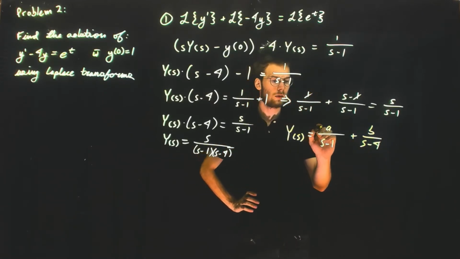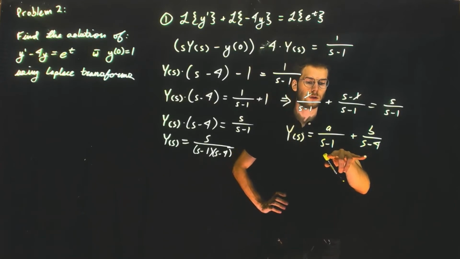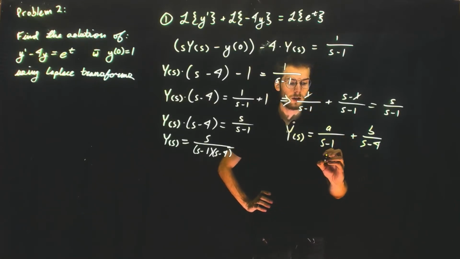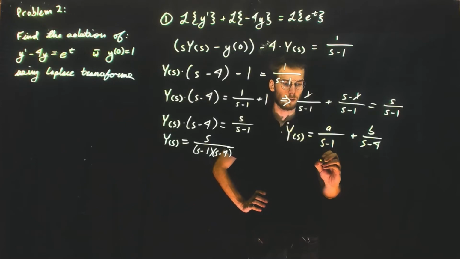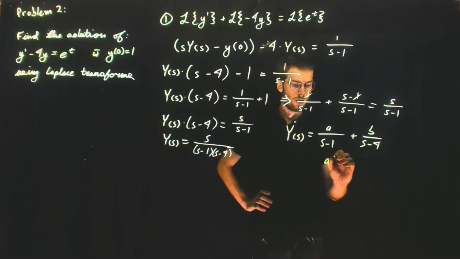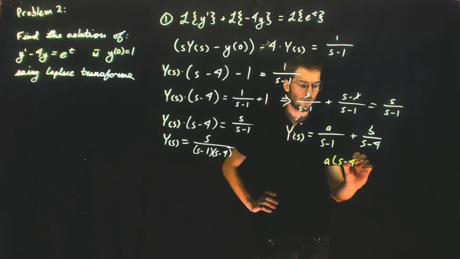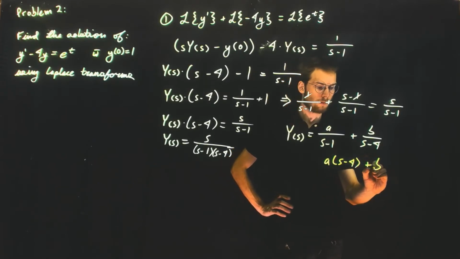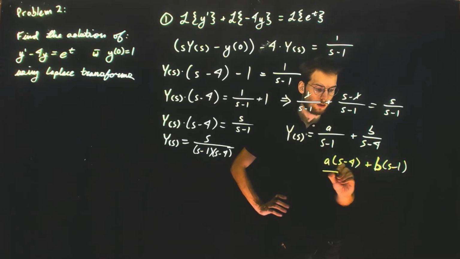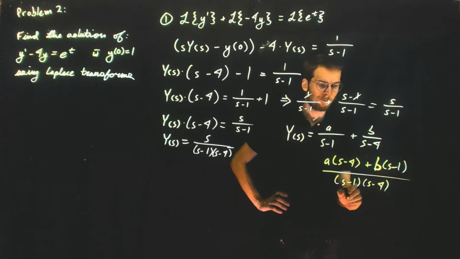And now, using these two terms on the right side of the equal sign, we can find a common denominator. So what that will look like is A times s minus 4 plus B times s minus 1, over s minus 1, s minus 4.